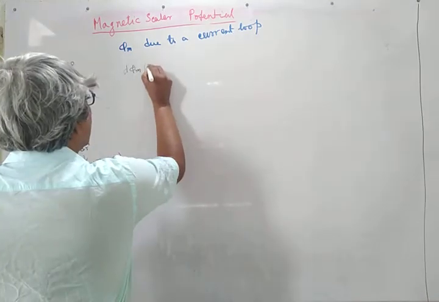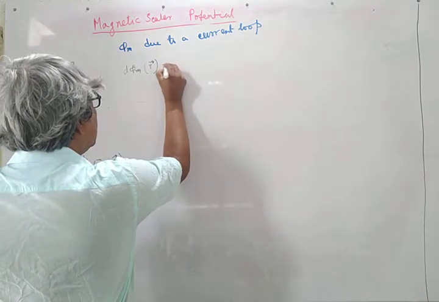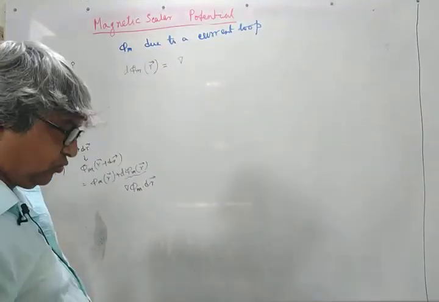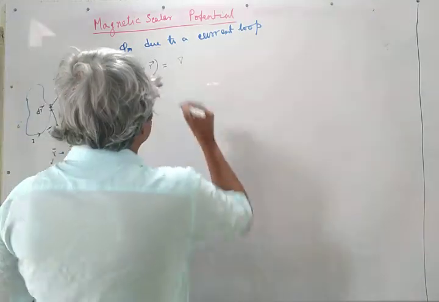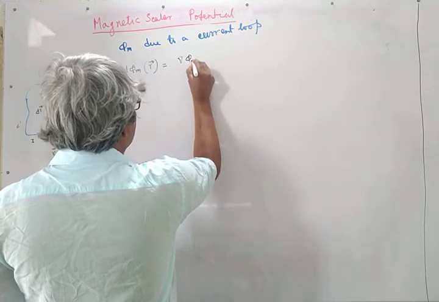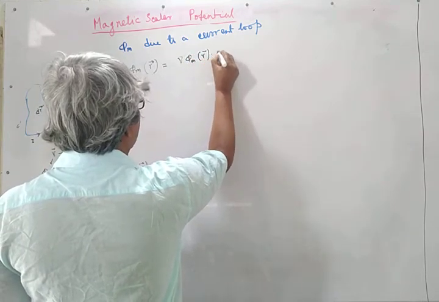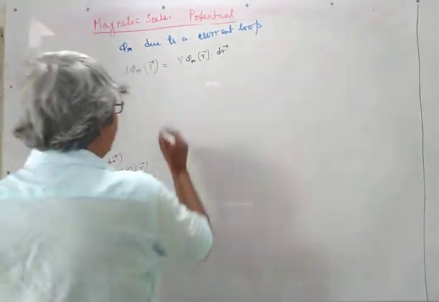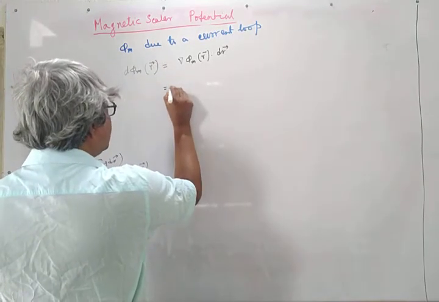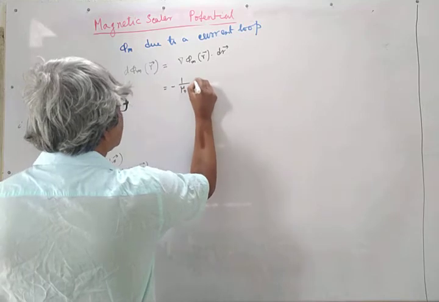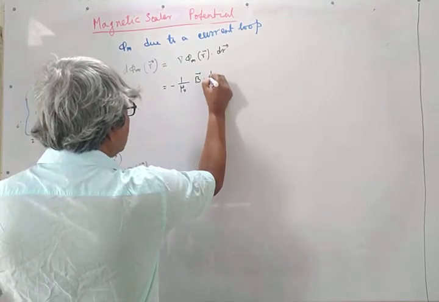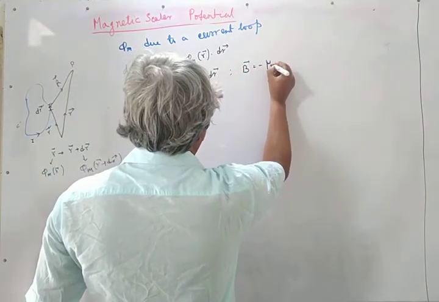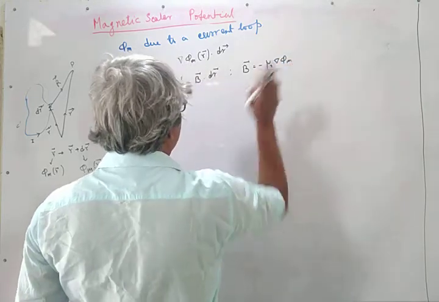Now we replace this by the defining equation of the scalar potential, that is 1 upon mu 0 times B dot dr. Note that B at R is defined by this.